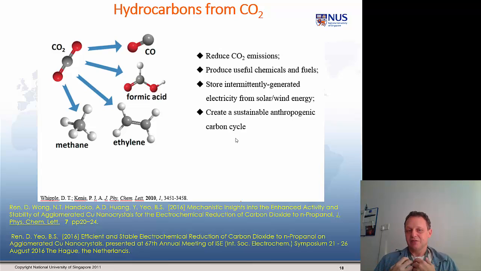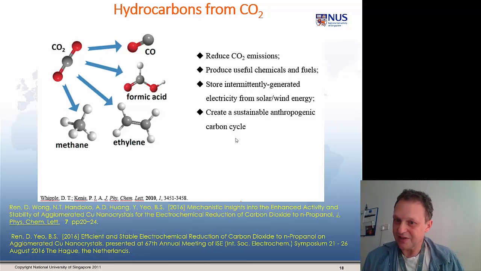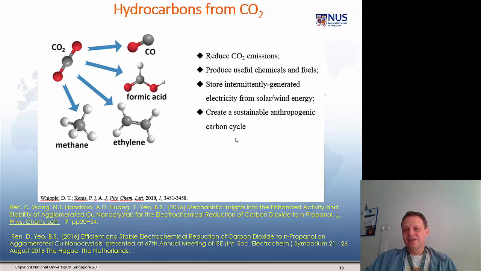So if you're burning fuel to produce carbon dioxide, trapping that carbon dioxide, using sustainable energy to convert that back to hydrocarbons, which you can then burn again, suddenly it's a closed loop. That's progress.